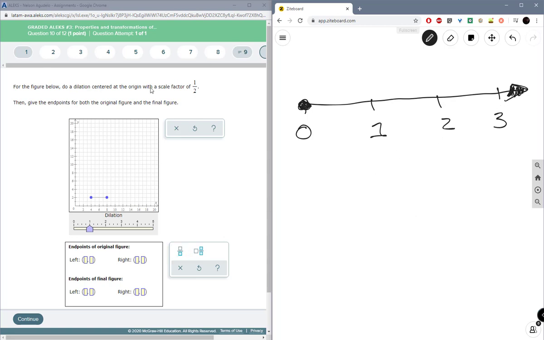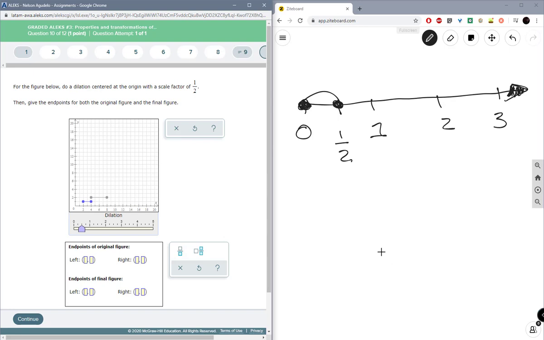So 1/2 means that you have to divide every unit by 2, o sea, lo partes en la mitad, and you take 1. So until here is 1/2. You have to put the scale factor like that in the slider, 1/2. Okay?